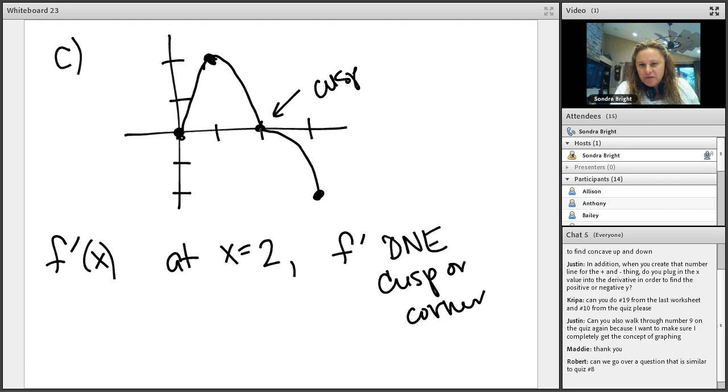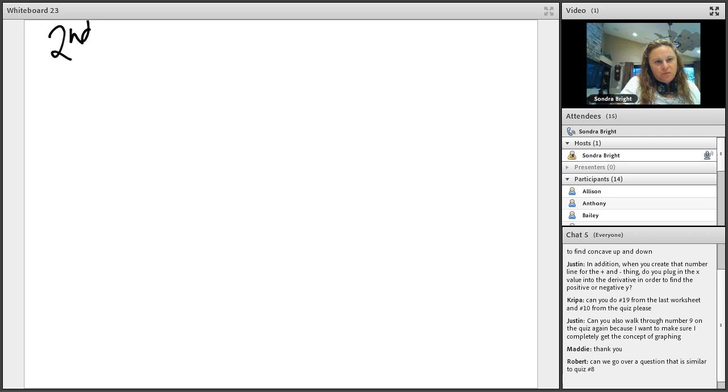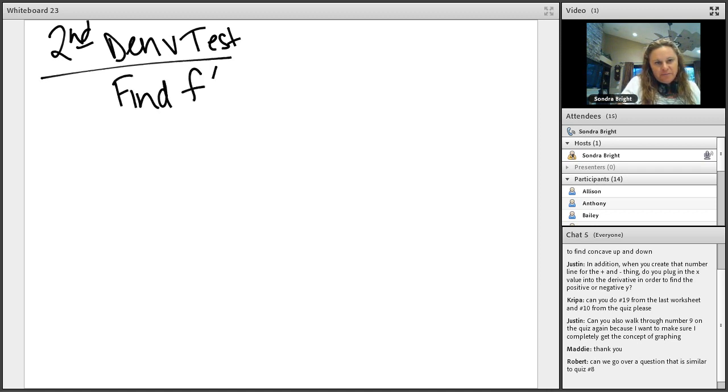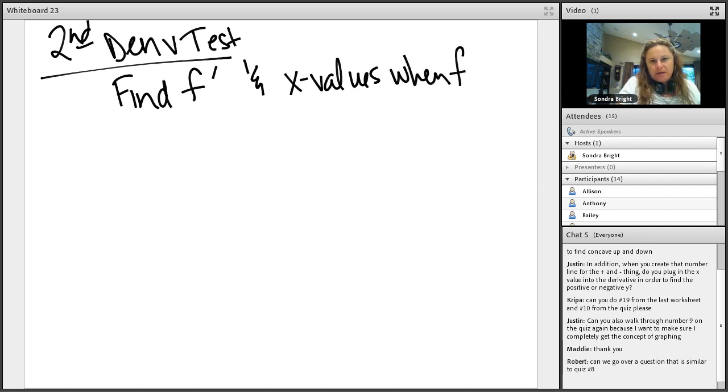Okay, during the second derivative test, do you use critical points from the first and second derivative to find concave up and down? Second derivative test, what you are going to do is you're going to find the first derivative, find f prime, and the x values, those critical points, right, when f prime equals 0 or doesn't exist, right?